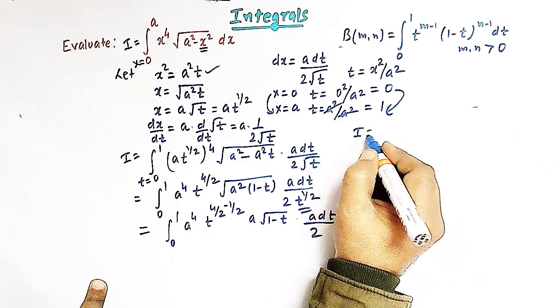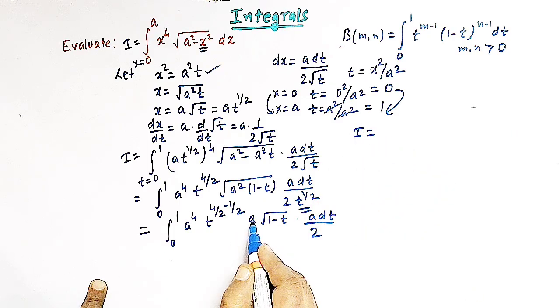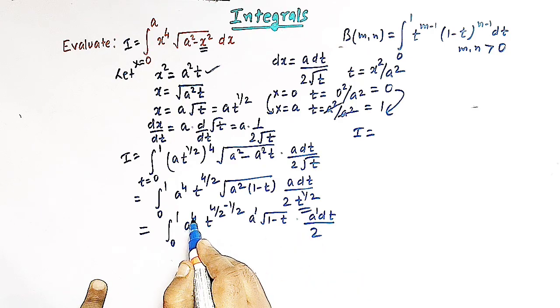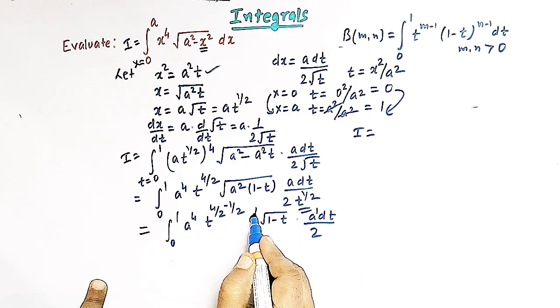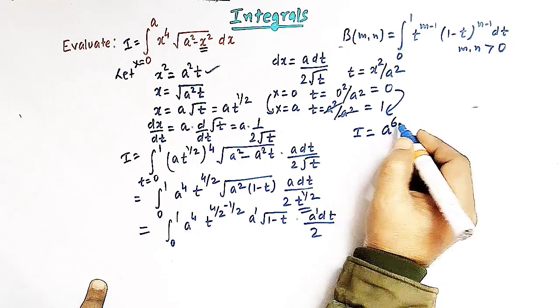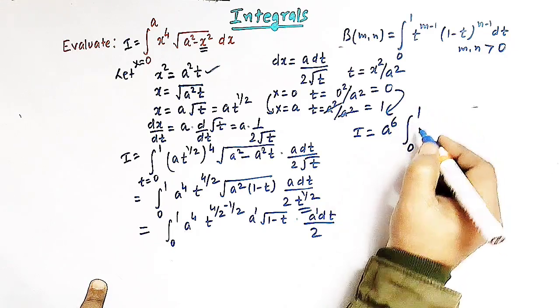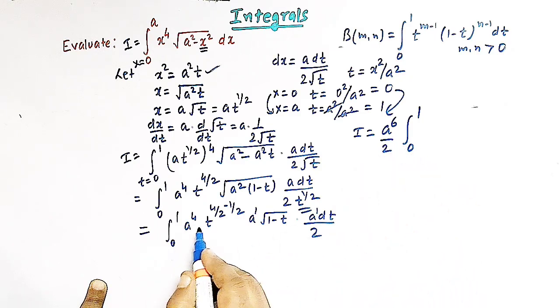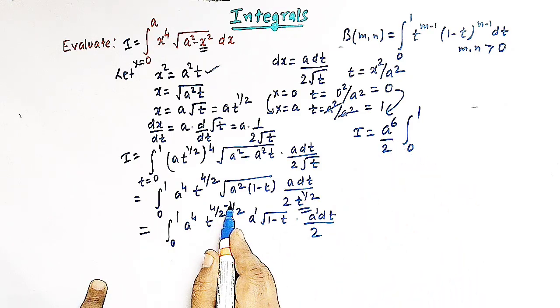So now we can collect all these a's. We have a raised to 1, a raised to 1, and here we have 4. So 4 plus 1, 5, 5 plus 1 is 6. So we can take a raised to 6 outside the integral. Here we have 2, and then here 4 minus 1 is 3.